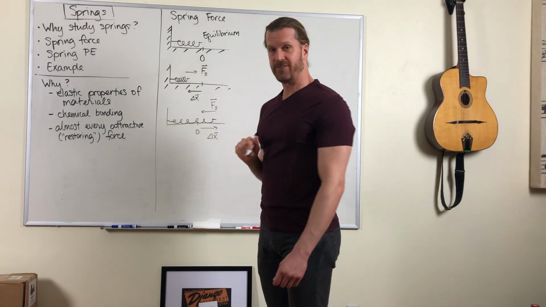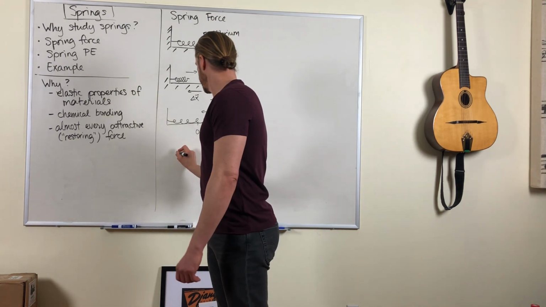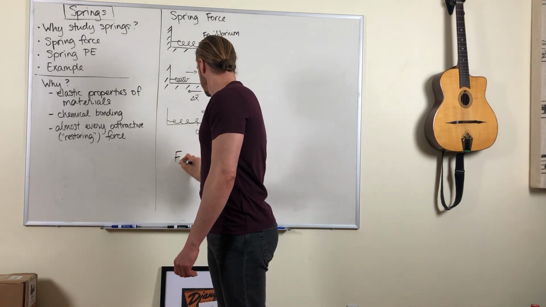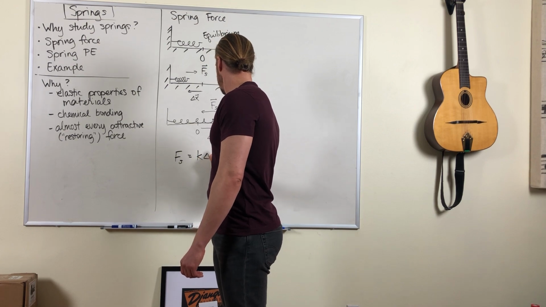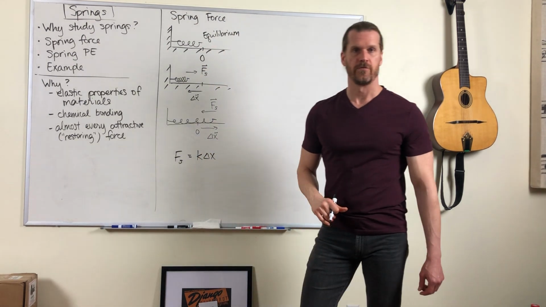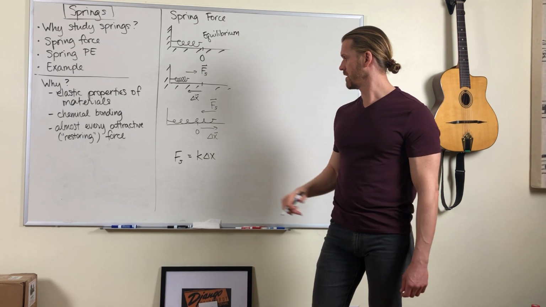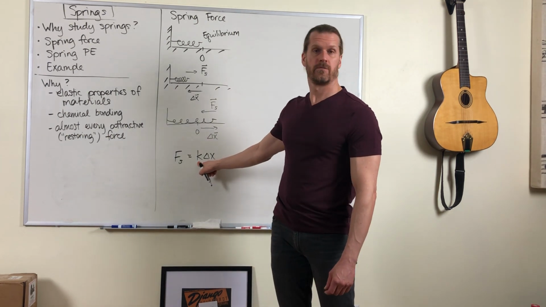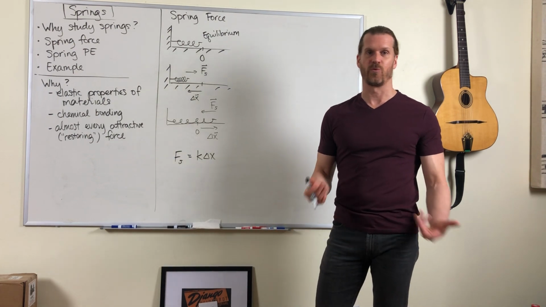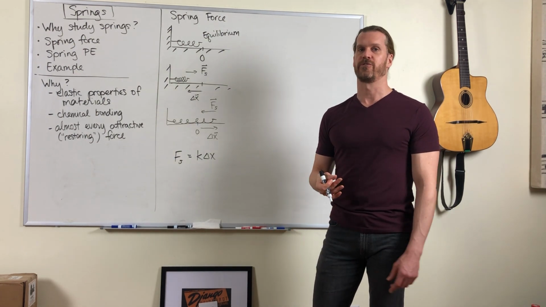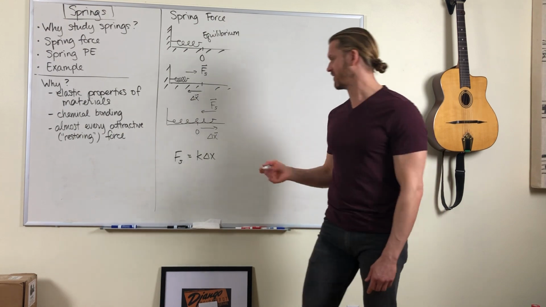And the magnitude of this force is proportional to the displacement. And this proportionality factor is known as the spring constant or the force constant. It tells you how strong the spring is.